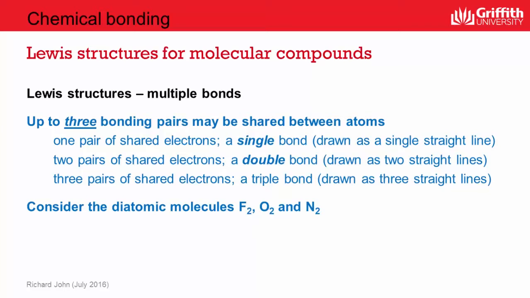Now, to illustrate the differences between each of these, let's consider the Lewis structures for three diatomic molecules, namely elemental fluorine, elemental oxygen, and elemental nitrogen. In the case of two fluorine atoms coming together, each atom has 7 valence electrons, which in the Lewis symbol are arranged as three pairs of dots and one single dot around the atomic symbol.